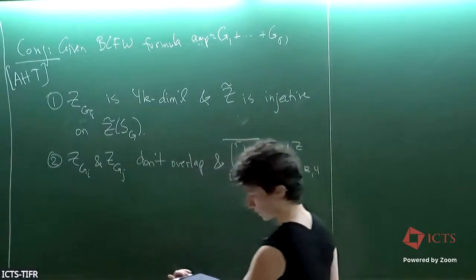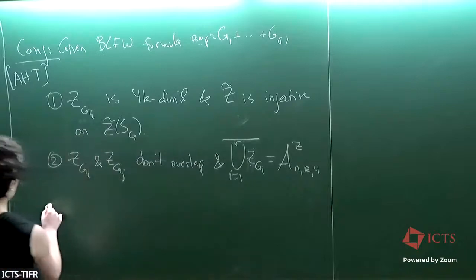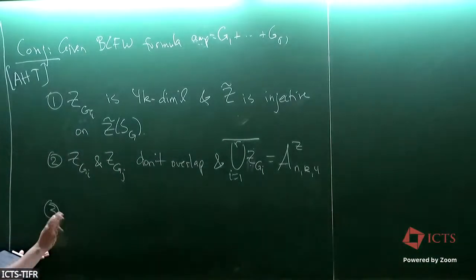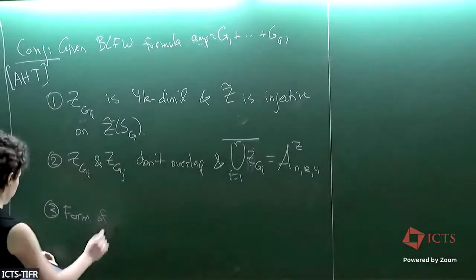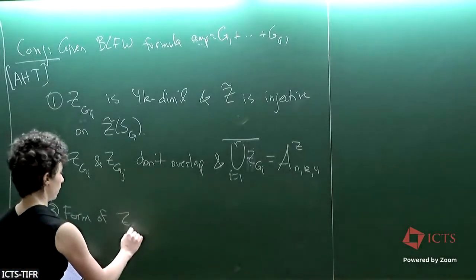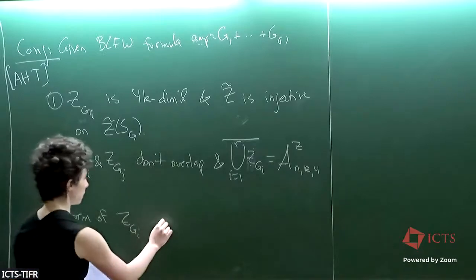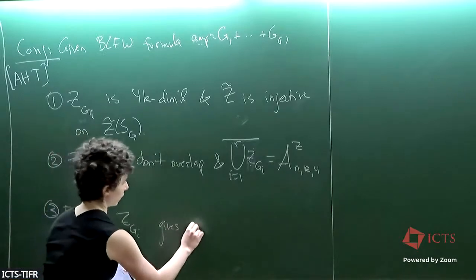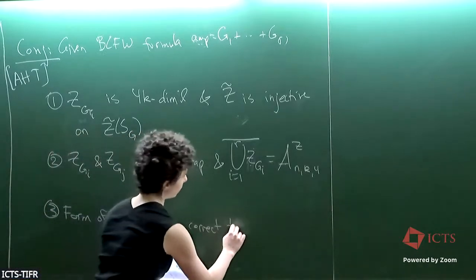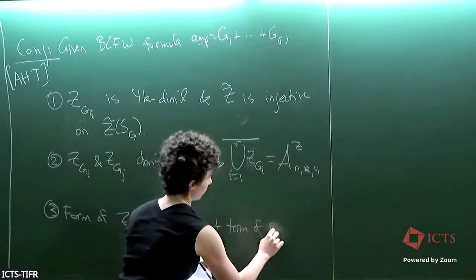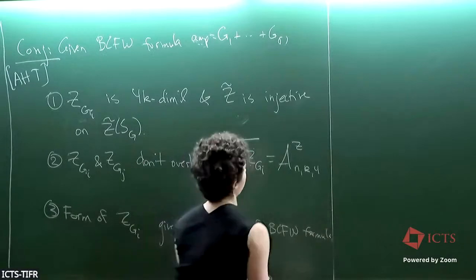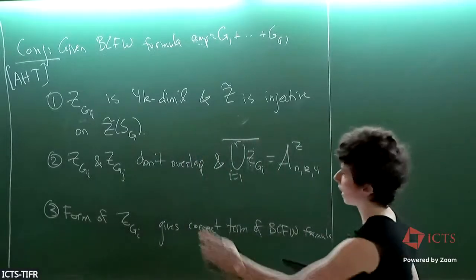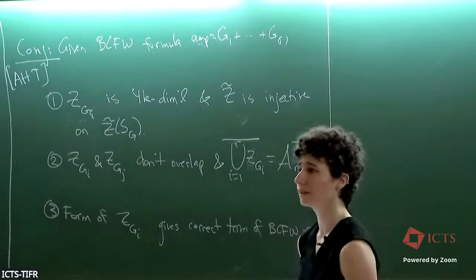And then this last one, not sure if it's a requirement or not, you want something like the form of these positroid cell images gives the correct term of the BCFW formula. Okay, so I've basically just taken what I had over there and written it more mathematically.